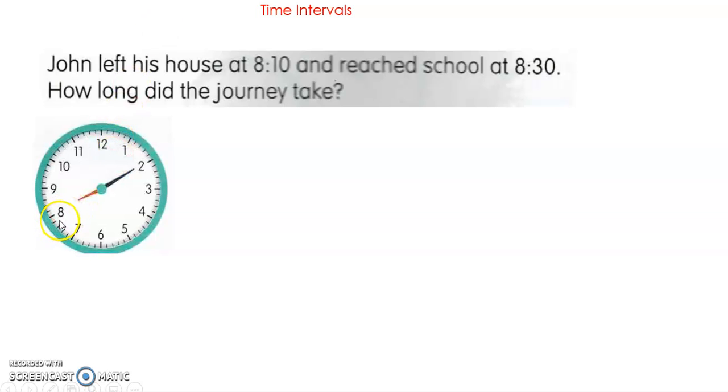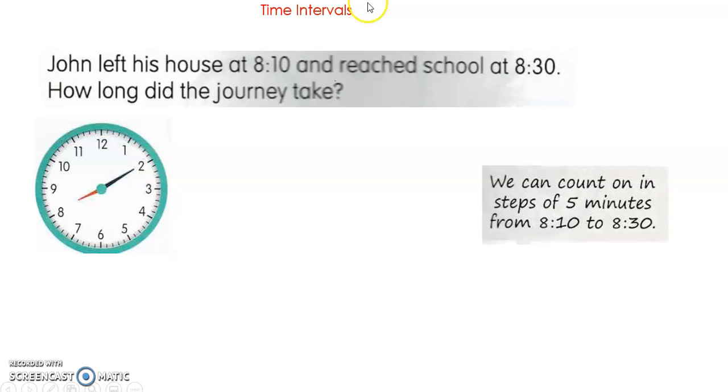So this is 8:10. As you see, this is 8:10, and this is the time when John left his house. After that, we can count in steps of minutes, 5 minutes at a time from 8:10 to reach 8:30, because between each number it's 5 minutes. So when the minute hand moves from the 2 to the 3, this means 5 minutes have gone.